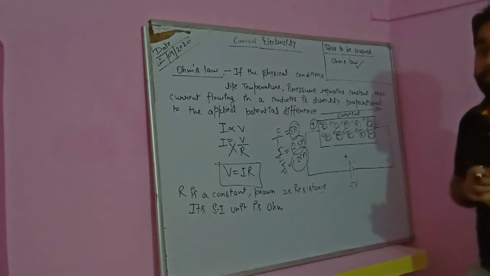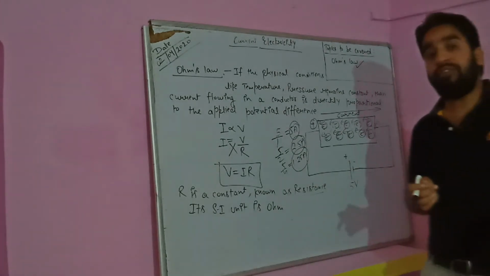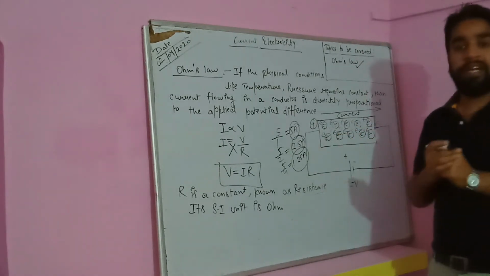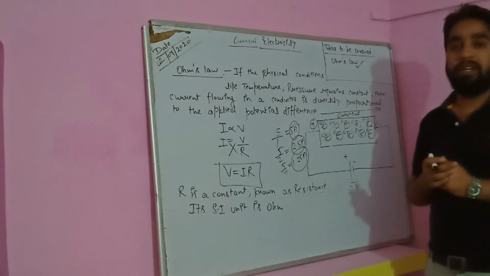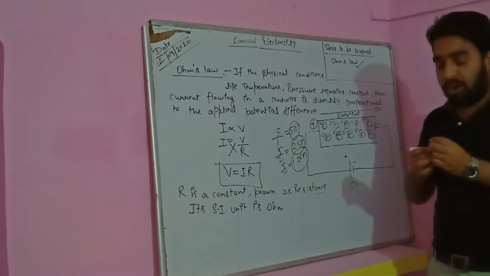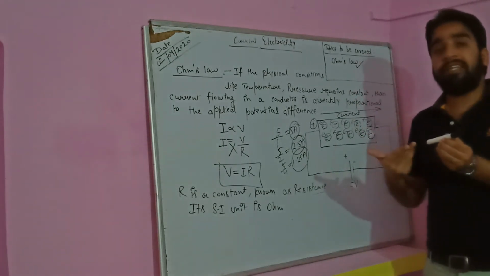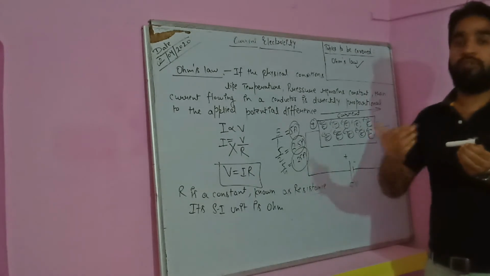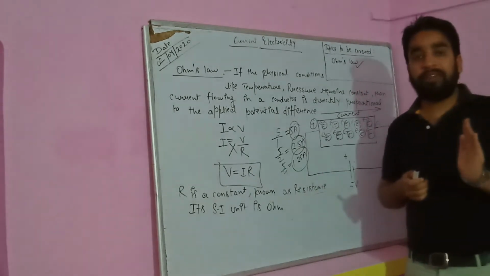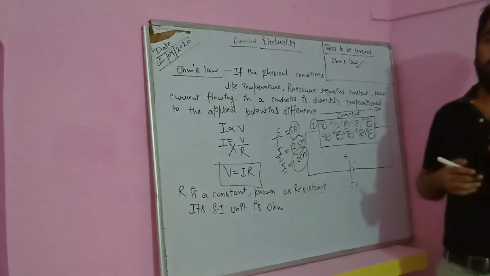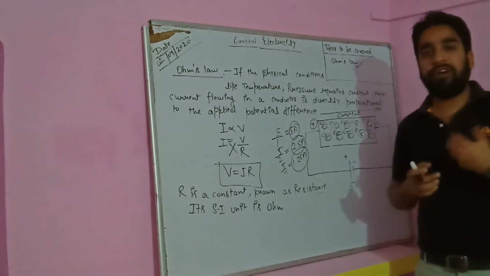Current is getting reduced when we are increasing this resistance. So actually resistance is opposing the flow of current. So physically, what is resistance doing? It is opposing the flow of current. So if an object of a material has high resistance, there are fewer chances for the current to flow. If a matter offers a very high resistance, it will be almost impossible for us to get a flow of current.